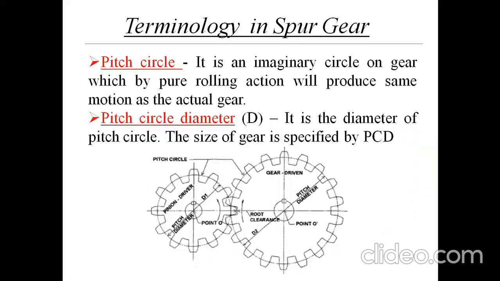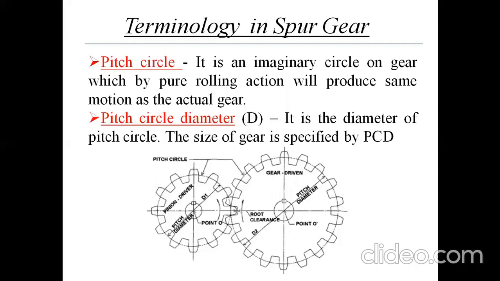Secondly, next is pitch circle diameter. Pitch circle diameter is nothing but the diameter of the pitch circle, and it is denoted by alphabet D. As discussed earlier on the YouTube channel in basics of spur gear, gear is always used in pair.